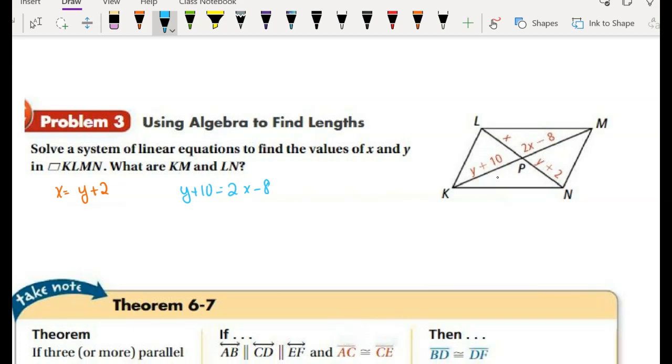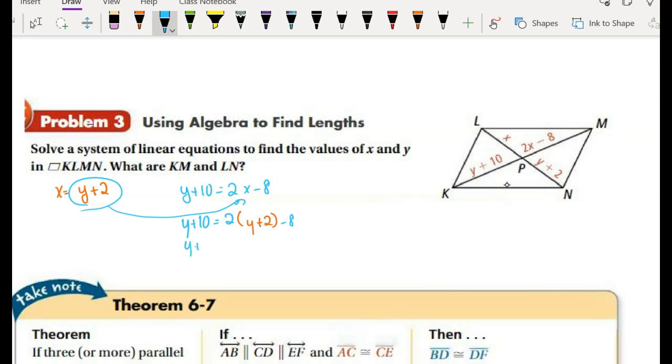Oh, well, they've got this set up beautifully for me. I'm going to take this y plus 2 and plug it in where it has x. So I have y plus 10 is equal to 2 times y plus 2, minus 8.